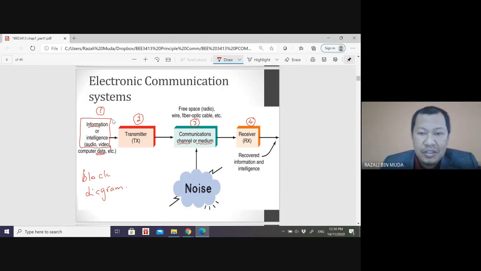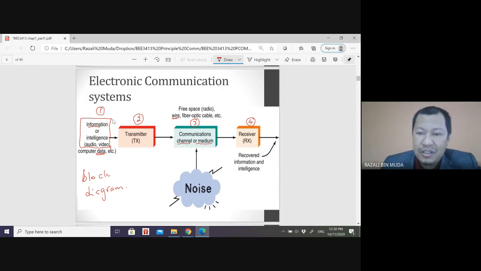The third block is the channel or the medium. So what is the channel? The channel could be in terms of wire, fiber optic cable, or free space, or the air, which is normally the radio communication, where the radio wave is transmitted through free space or through the air.